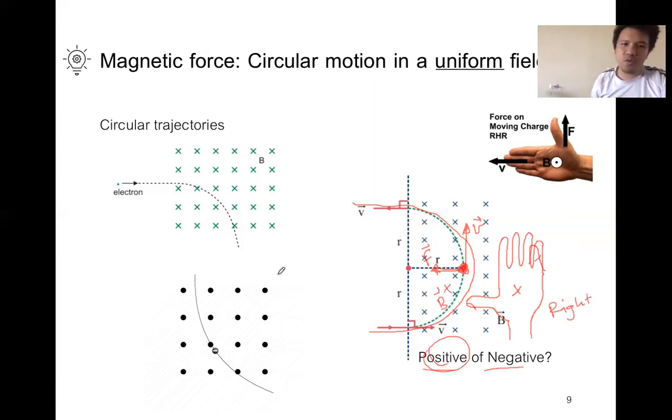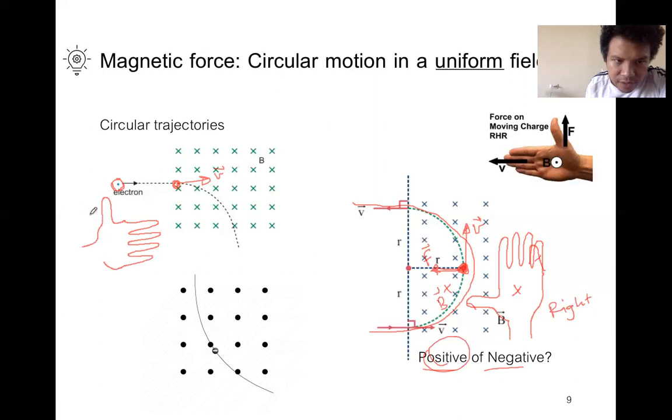But if it happens to be the opposite, such as if you have an electron moving in this direction with V, and I put my right hand face down to the screen, here I actually have the thumb up for a positive charge, but for a negative charge we have the force going down.